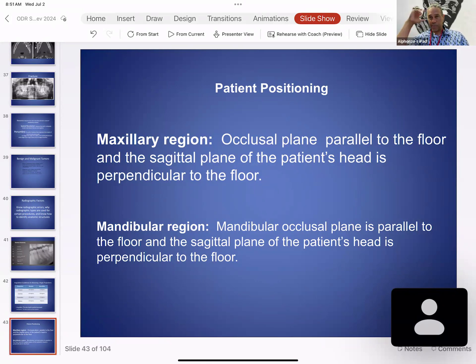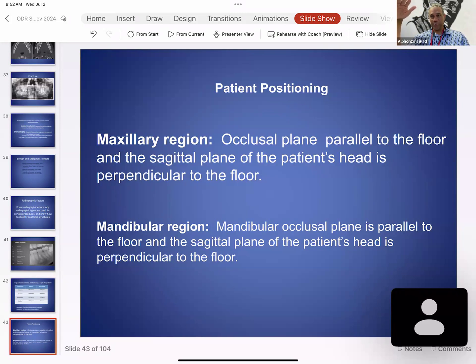Patient positioning, the maxillary region. We want the occlusal plane parallel to the floor, and the sagittal plane of the patient's head is perpendicular to the floor, and then the mandibular region. Basically, whatever plane you're trying to get, you want the occlusal plane to match the plane of the floor.